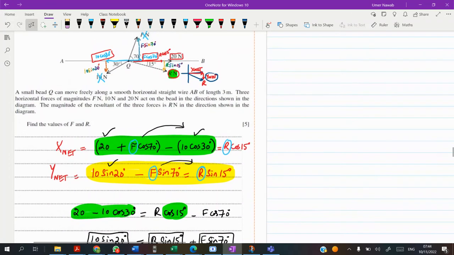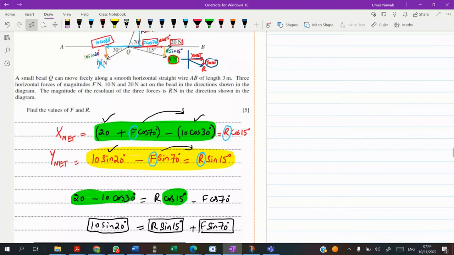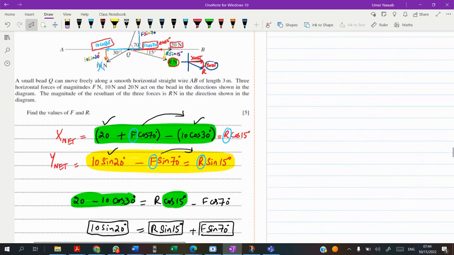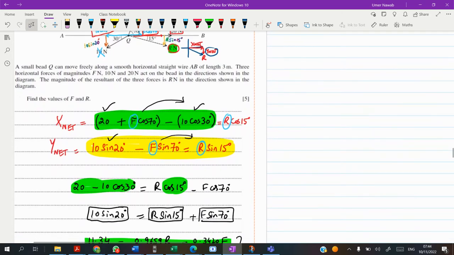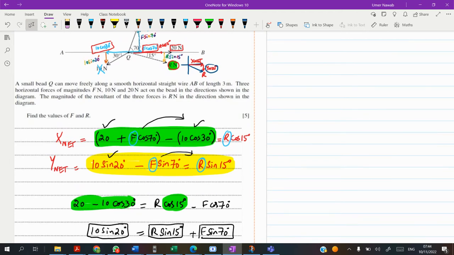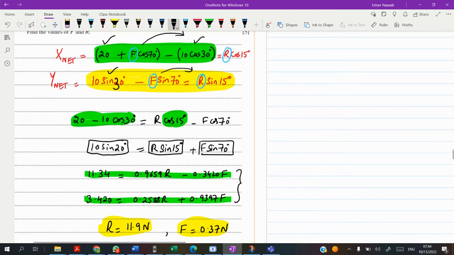Did I make any mistake or not? 20 minus 10 cosine of 30. 20 plus f, okay, minus, right, 10 sine of 20. Oh, that was 30. Sorry, guys. That was 30. 10 sine of 30 and minus f cosine of 70 is equal to r sine of 15.